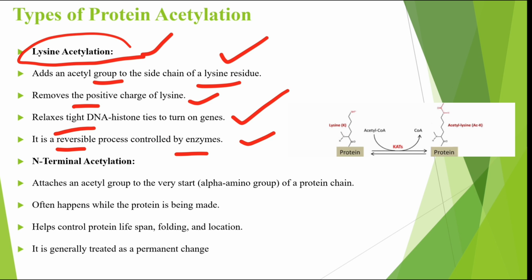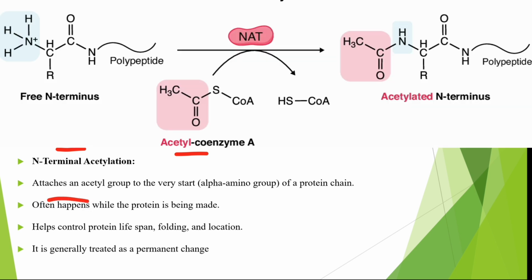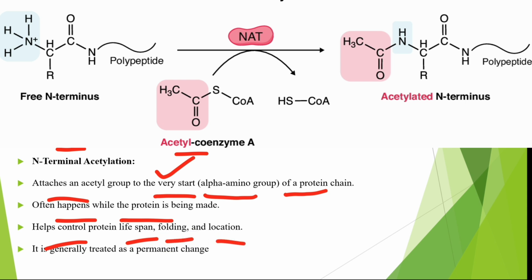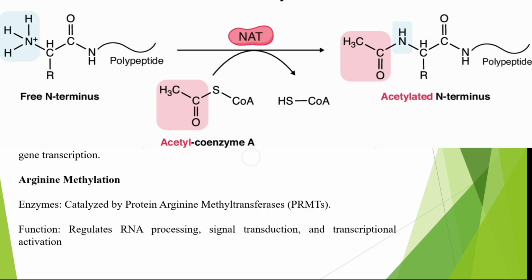And N-terminal acetylation attaches an acetyl group to the very start, the alpha amino group of the protein chain, and often happens while the protein is being made during translation. It helps control protein lifespan, folding and location. It is generally treated as a permanent change, unlike lysine acetylation.